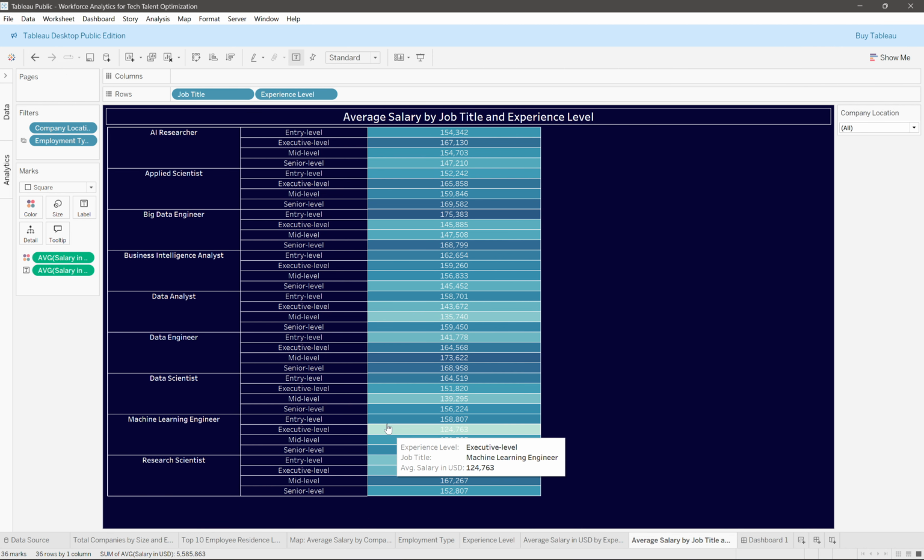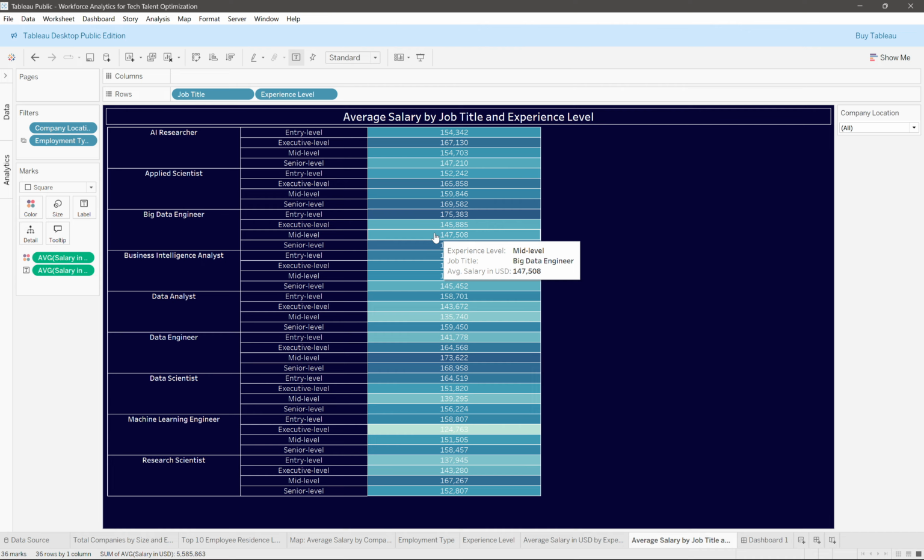If that gap isn't present here, it may mean market pricing isn't being followed well, or certain locations are influencing the salary averages. This chart also gives us a lens on fairness, retention risks, and competitive positioning. Overall, that is the average salary by job title and experience level.